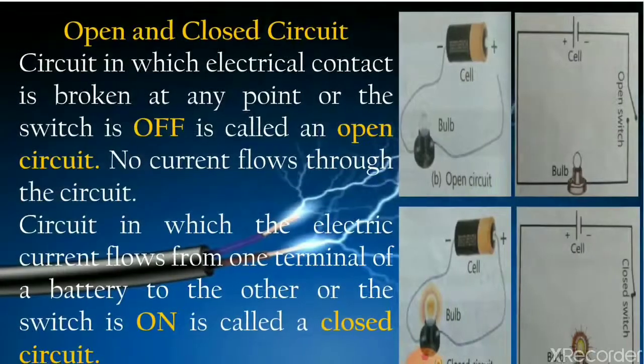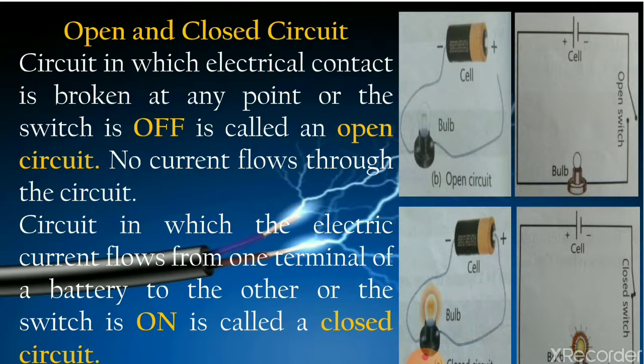Now, open and closed circuits. Open and closed circuits are just based on the switches. Now we know what an electric circuit is: the complete pathway through which electric current can flow. These circuits may be of two types, open and closed circuits.